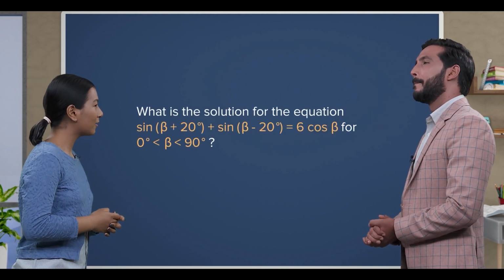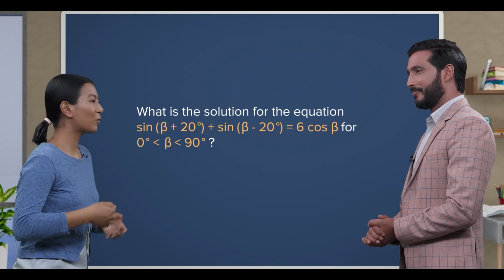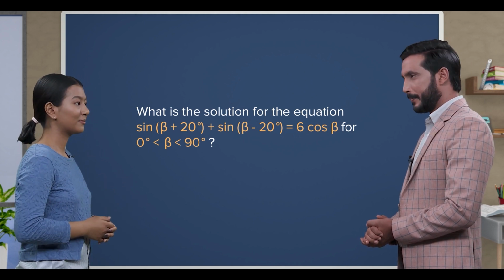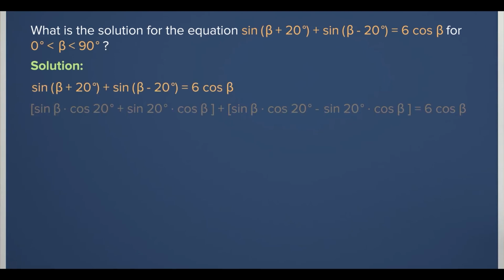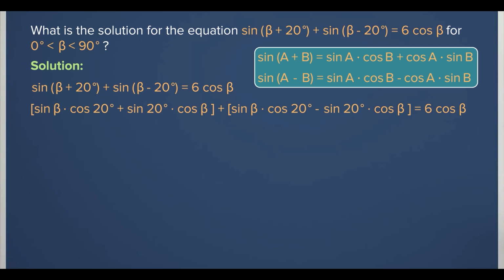Oh, a compound angle based question. No problem. Here's how I'll do it. First, I will simplify the equation. It can be done by using the compound angle formula for sine. Now, cancelling the similar terms, I will get 2 sine beta times cosine 20 degrees is equal to 6 cosine beta.